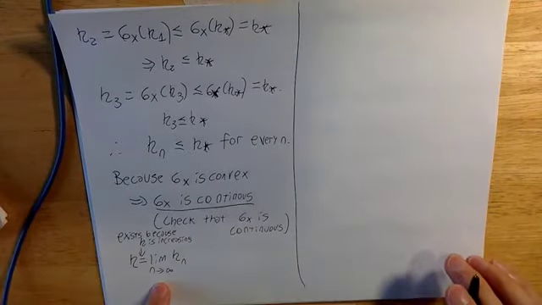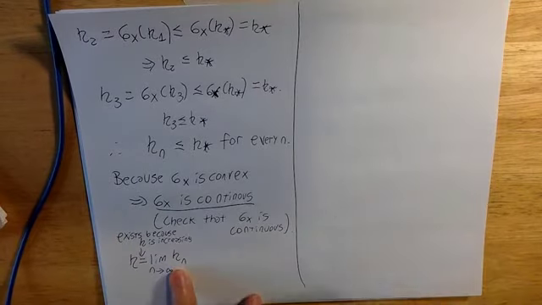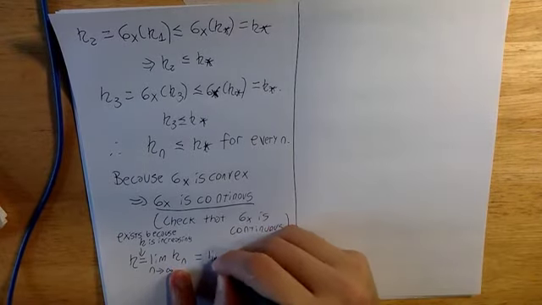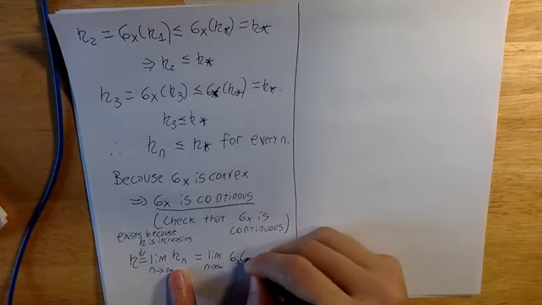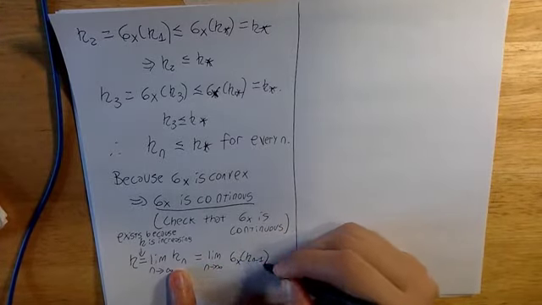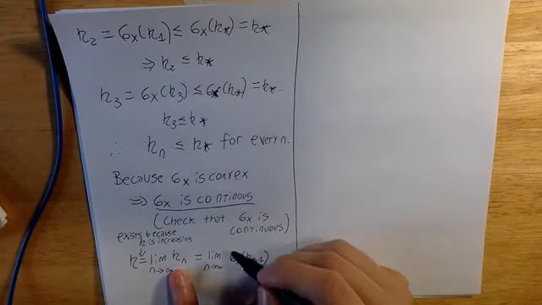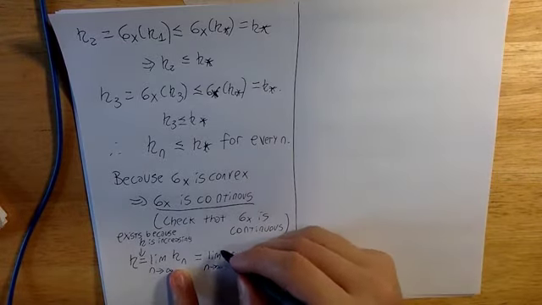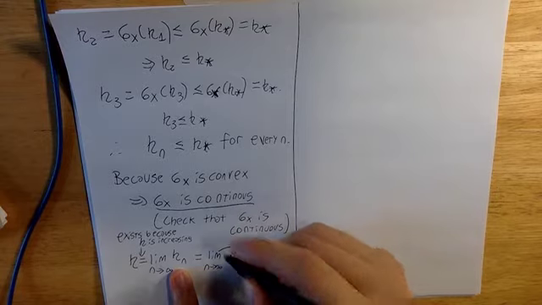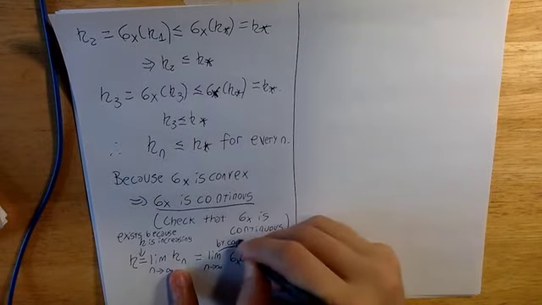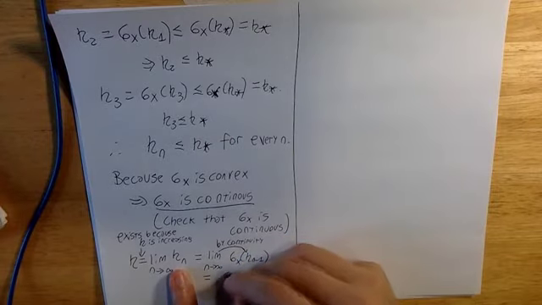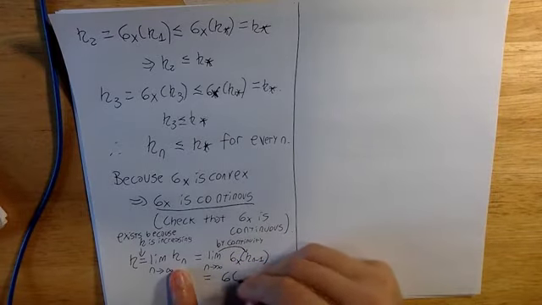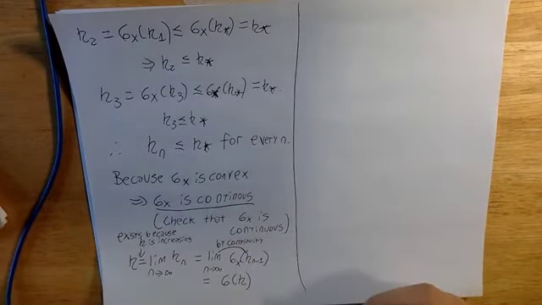This is the limit when n goes to infinity of g(η_n), which is the same as the limit when n goes to infinity of g_X(η_{n-1}). But again, using the continuity of g_X, we can pass the limit inside by continuity, which implies that η is equal to g(η).